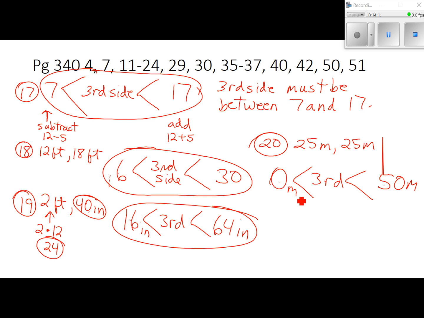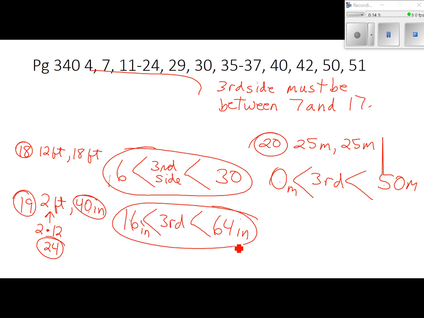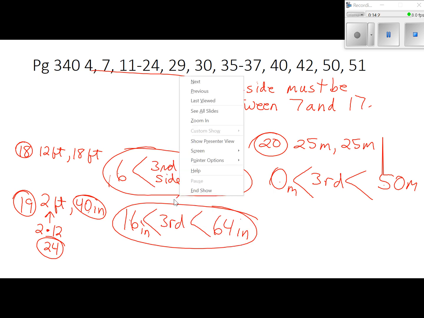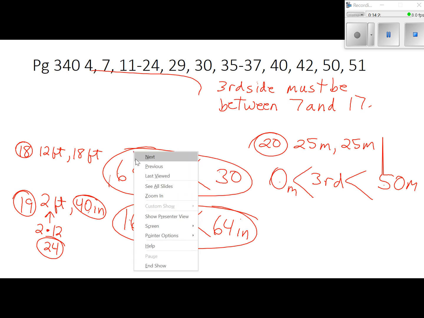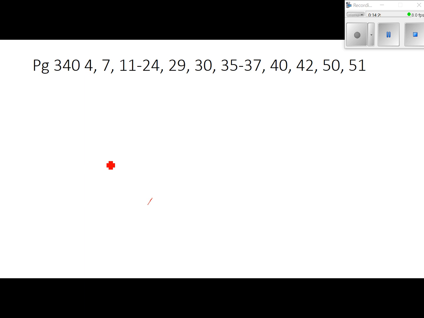On 21 through 24, they just want you to tell whether those three numbers can make up a triangle and explain your reasoning.